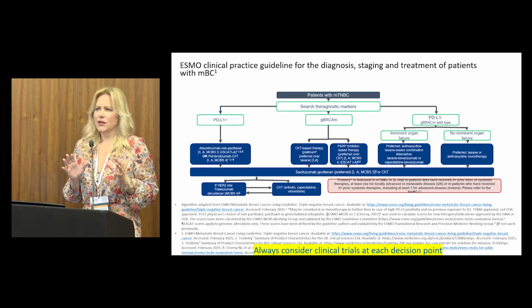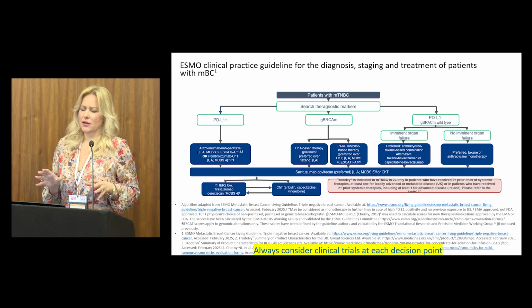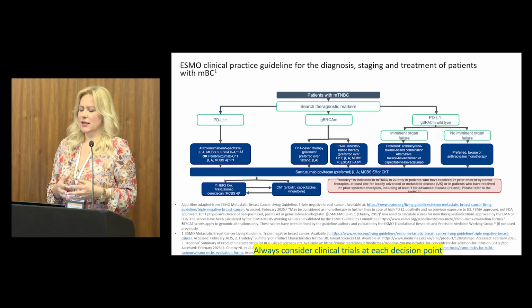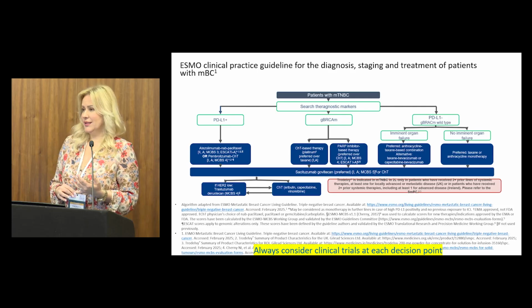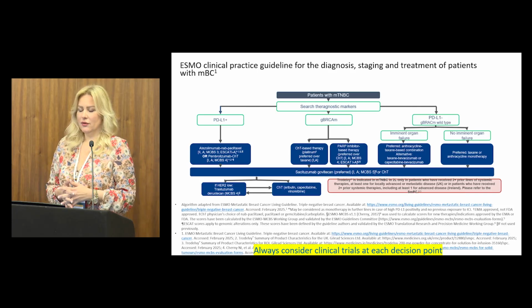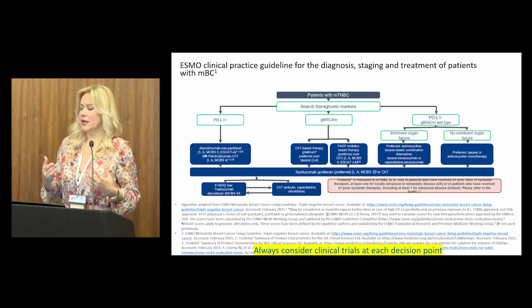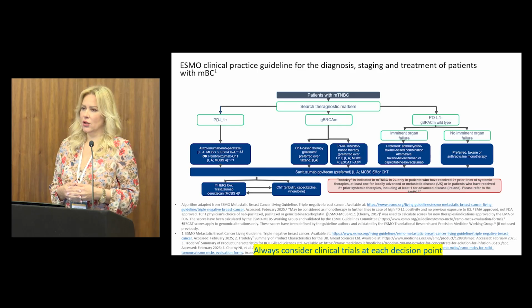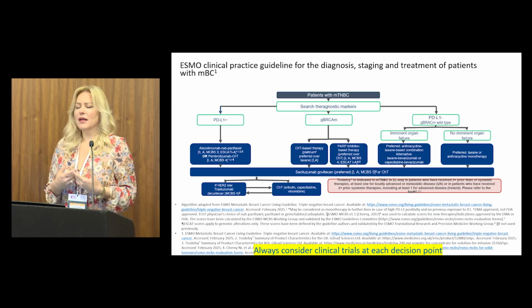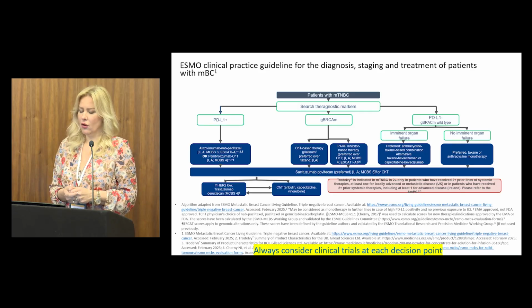And this is just to say that all of us are following the gold standard guidelines. So the Advanced Breast Cancer Consortium, Dr. Fatima Cardoso, she talked about it. We have the European Association of Medical Oncology. We have the American Association of Clinical Oncology.